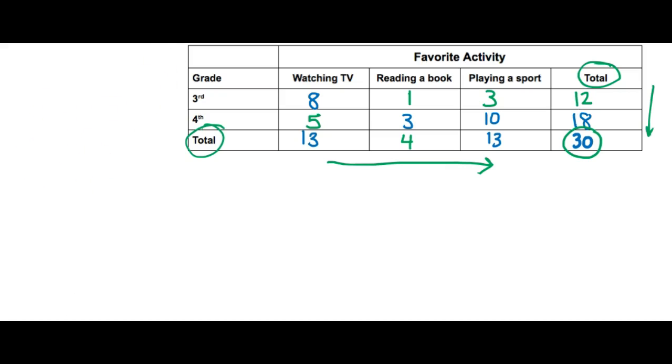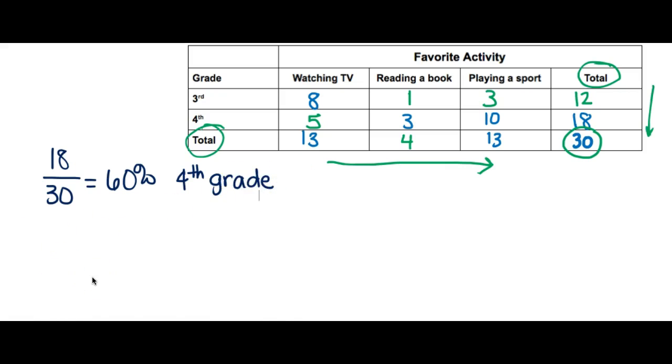Well, we know that there were 18 fourth graders out of 30 that were asked. So 18 divided by 30 is 0.6, which is the same thing as 60%. So 60% of our data comes from fourth grade.